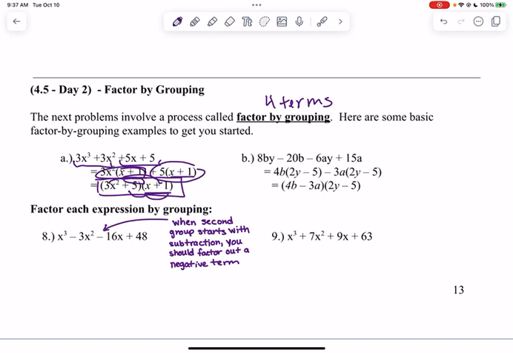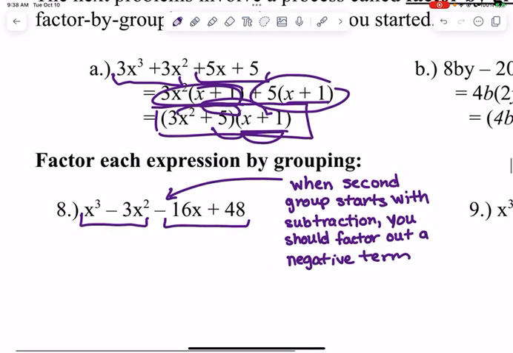For x cubed minus 3x squared minus 16x plus 48, you're always looking at the first 2 and then the second 2. So looking at x cubed minus 3x squared, we're looking to either factor out a number or a variable from both of those. You can't factor out a number other than 1, so we won't worry about that.